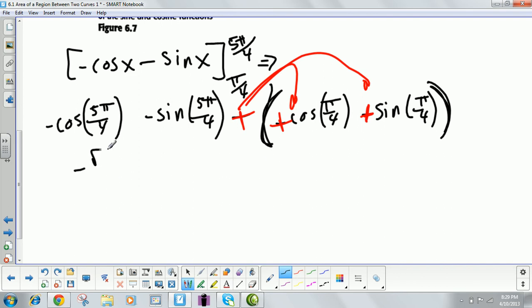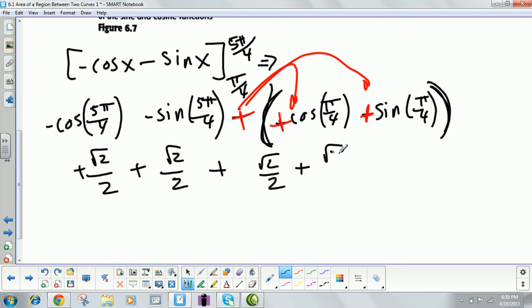So this is negative radical 2 over 2. This becomes negative negative, so that's positive. Negative negative again, this becomes positive radical 2 over 2. Then you would have plus radical 2 over 2 and radical 2 over 2.